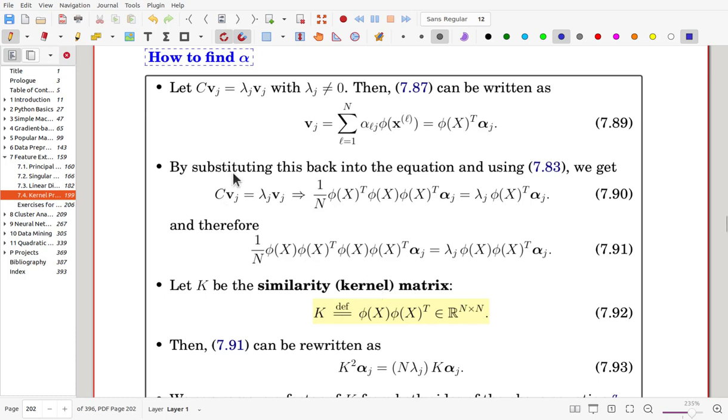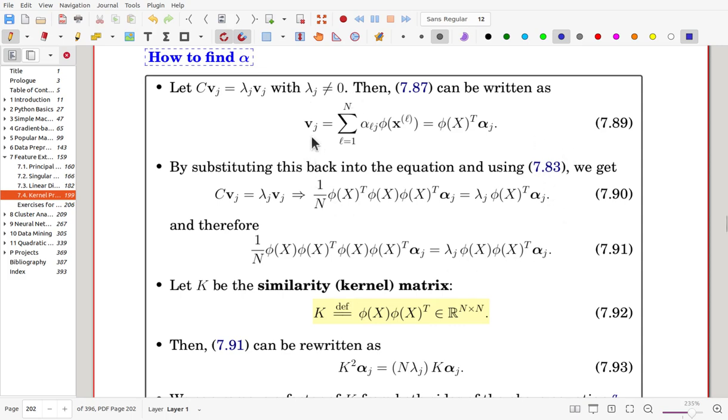Now let's begin with a specific eigenvector and eigenvalue. So C v_j is lambda_j v_j, the j-th eigenvector and eigenvalue, and assume lambda_j is non-zero.